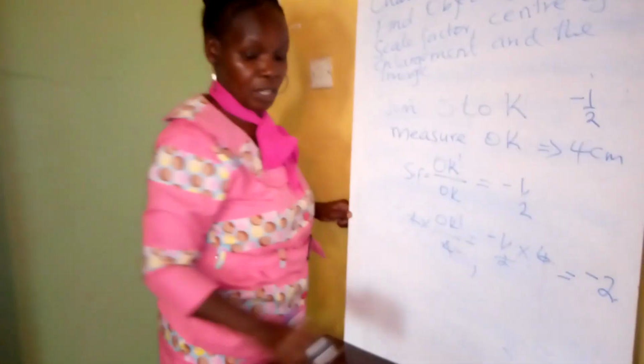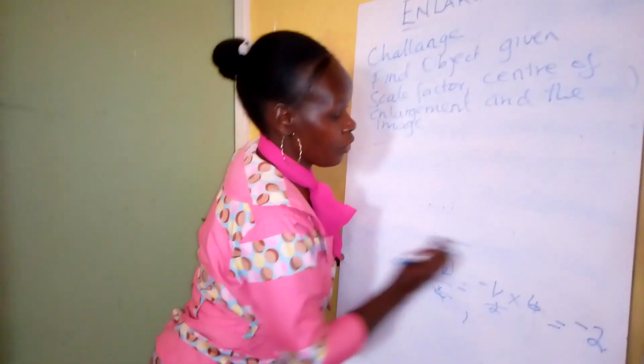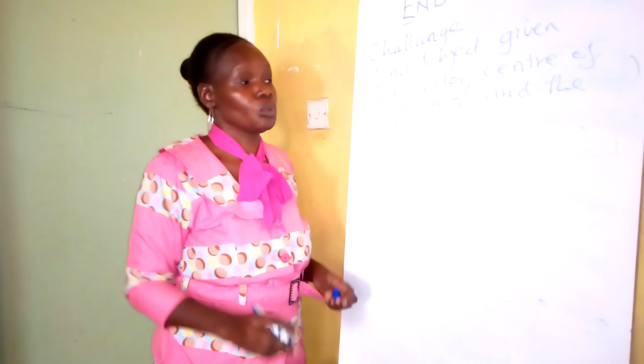Suppose you are given the image and now you need to find the object. What process are you going to do?